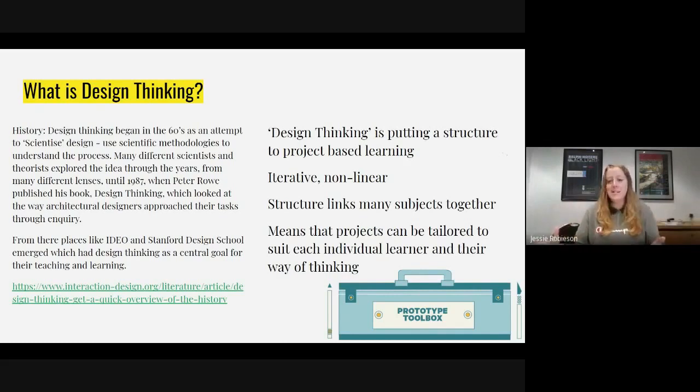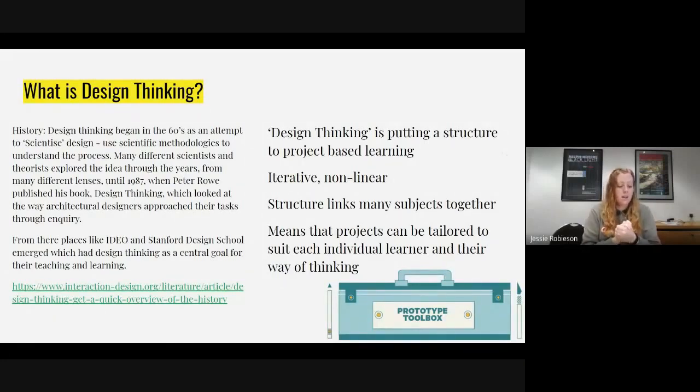Like I said, it's putting a structure to project-based learning. Design thinking is iterative, it's non-linear, so it can move back and forth between steps. It's not just step 1, step 2, step 3, step 4. The structure itself helps to link those subjects together, and it means that projects can be tailored to suit each individual learner and their way of thinking.